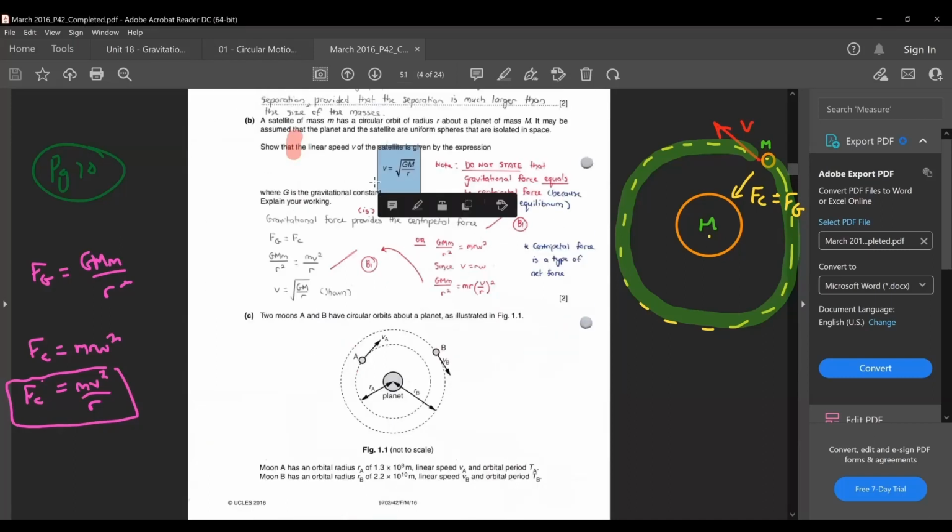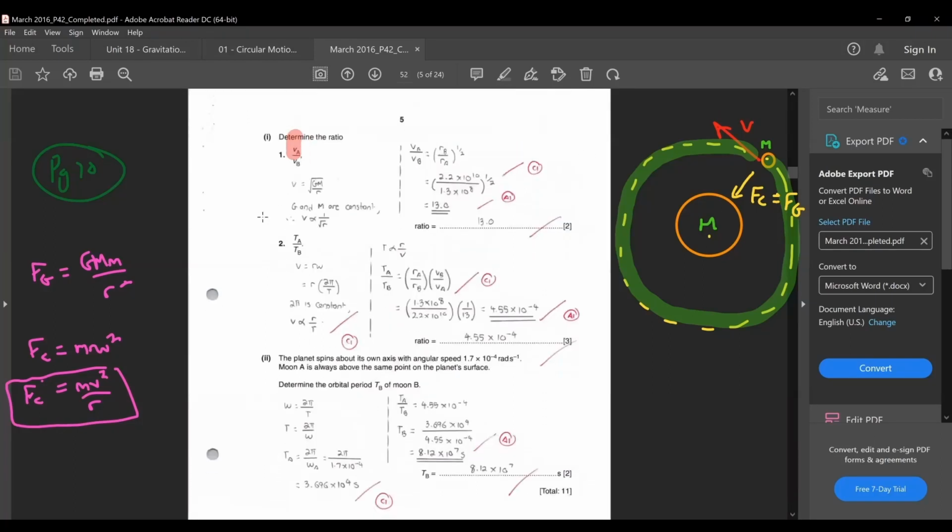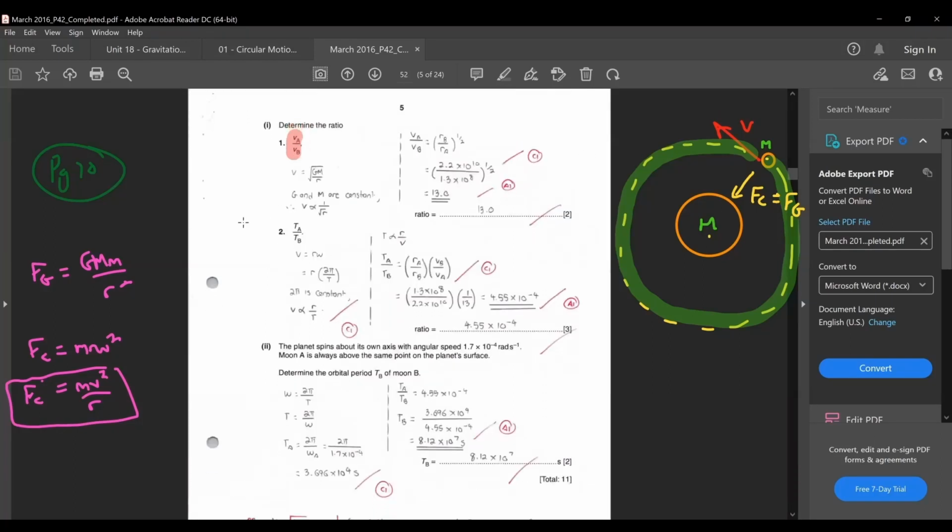Previously, they already asked you to derive v equals square root of GM over r. So you ought to use whatever you have done before to try and solve the question. This is usually the pattern you will see. Subsequent questions in your P4 tend to relate back to whatever you have done before. But not always lah. It's just that most of the time it's like that.